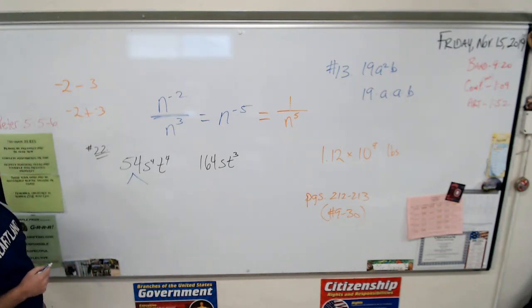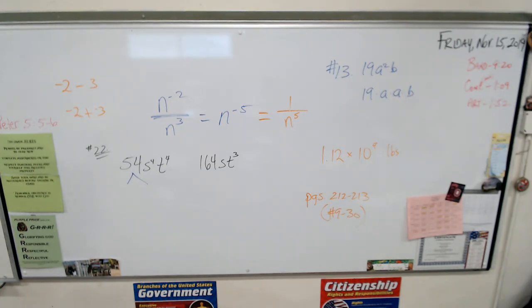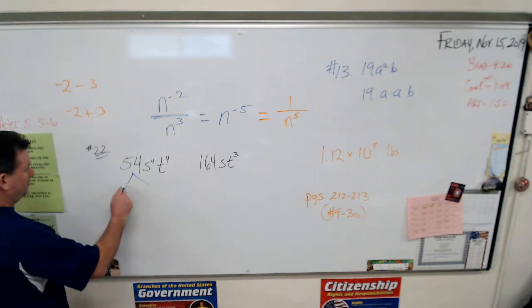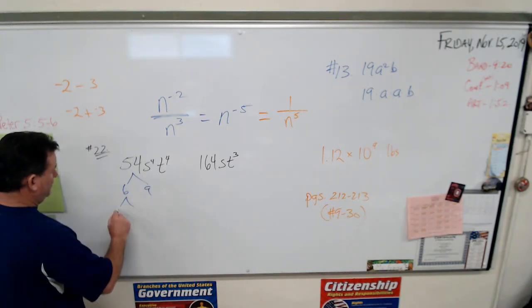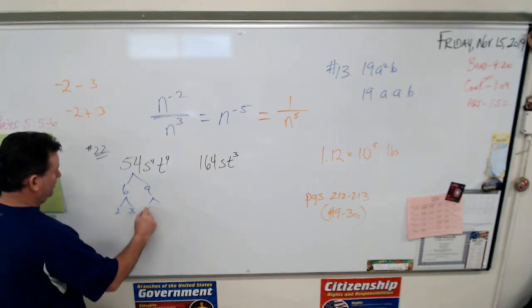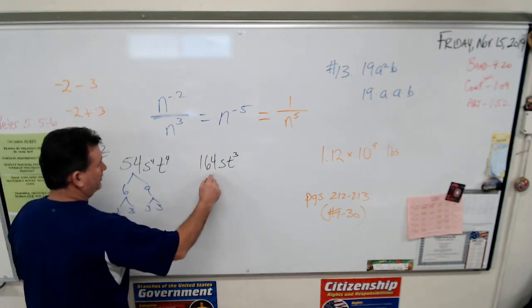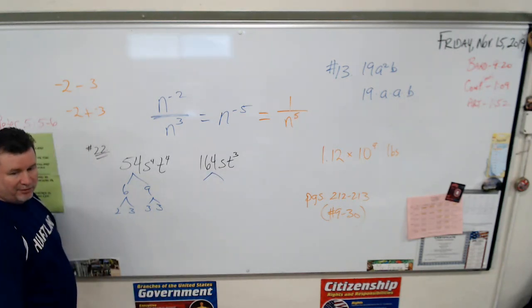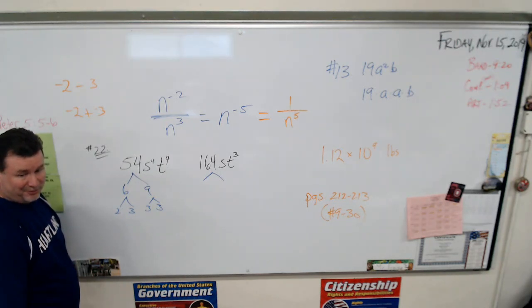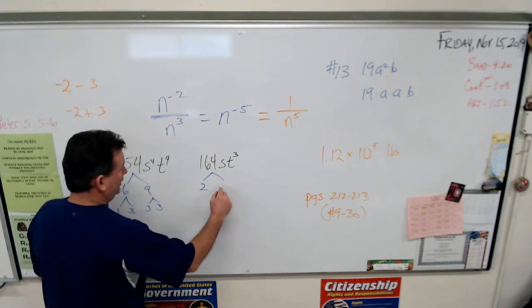What do you want to start with? Can't start with 8 because 8's not a factor of 54. 6 times 9. 2 times 3. 3 times 3. Could start with 2 if you want.